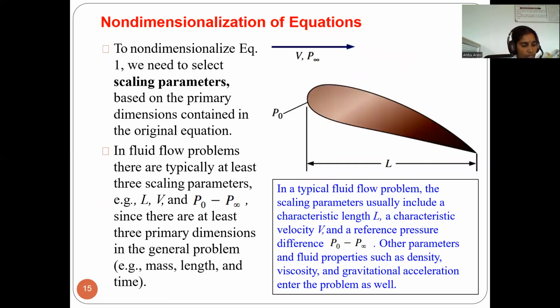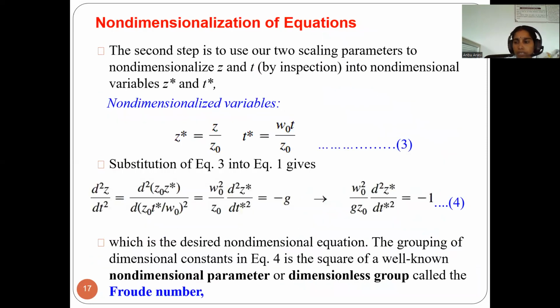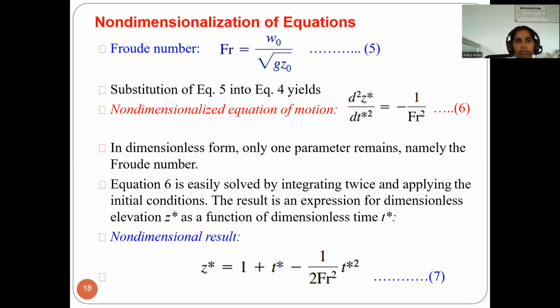Non-dimensionalization: there are two methods, one is Rayleigh's method and the other is the Buckingham Pi theorem method. Froude number Fr equals w0 divided by the root of g z0. The non-dimensional equation of motion is d squared z divided by dt squared equals minus 1 by Fr squared.